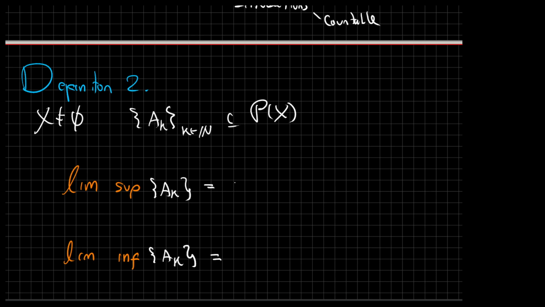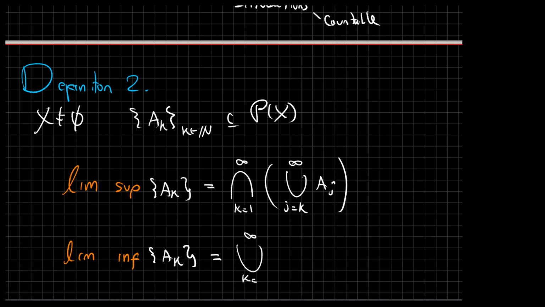This is a definition. So the limit of the supremum of this family will be the intersection of the unions. And this, the limit of the infimum, will be the union of the intersections.